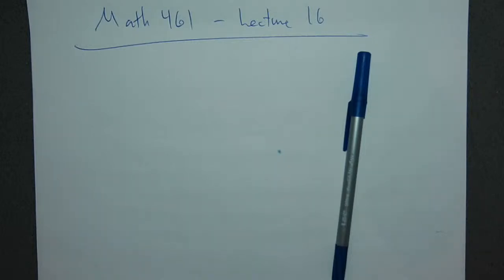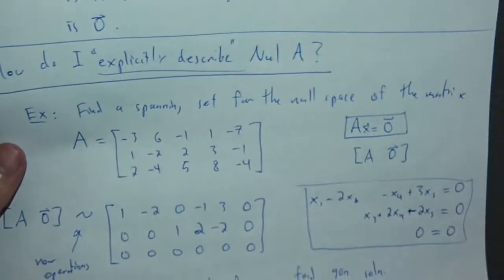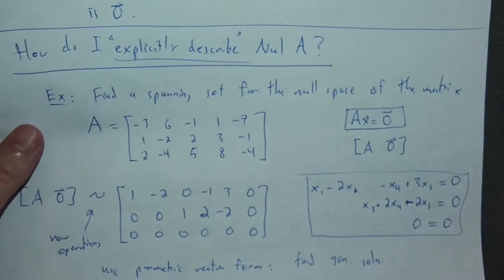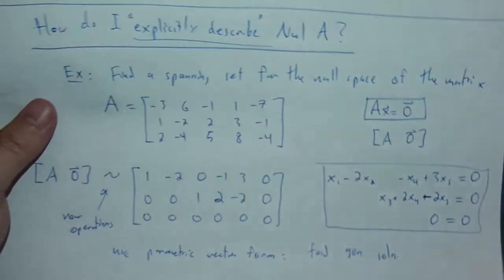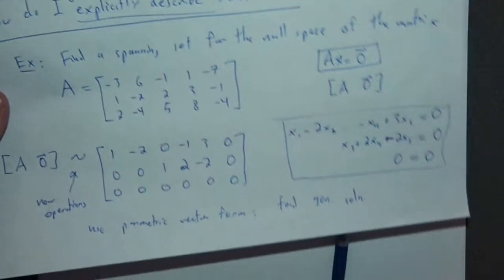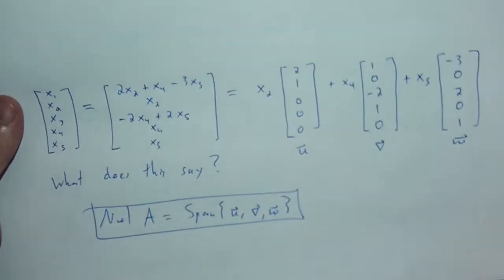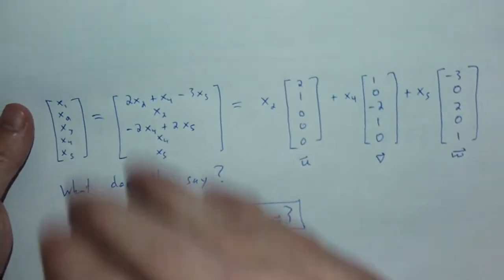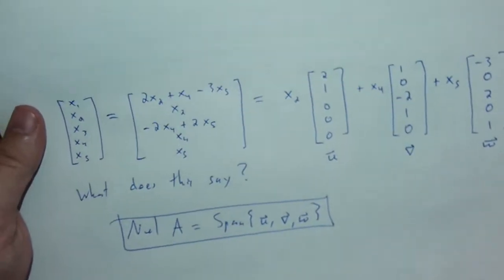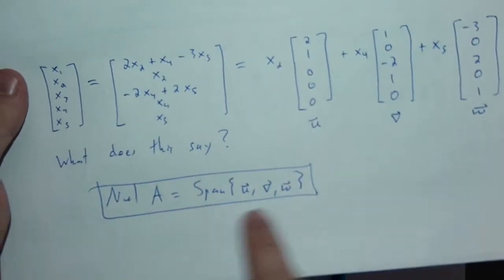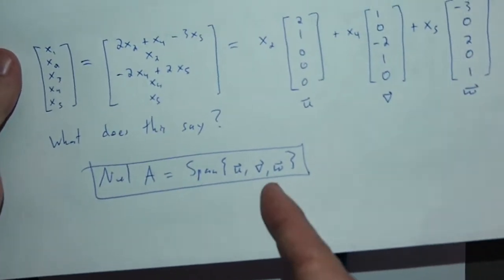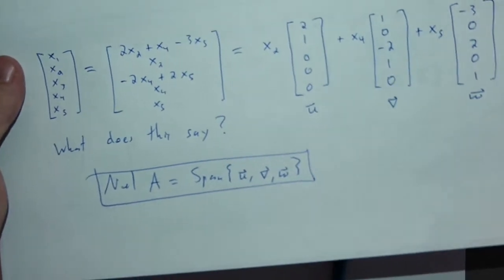There's a couple of things to say here. I bring this up knowing that I'm going to talk about it a lot more in the future anyway, but it's nice to notice. Let's say that I had asked you a different question. Looking at this example that we did last time, let's say you had seen similarly worked examples, and you knew that by this process you could find a spanning set of some number of vectors that spanned the null space.